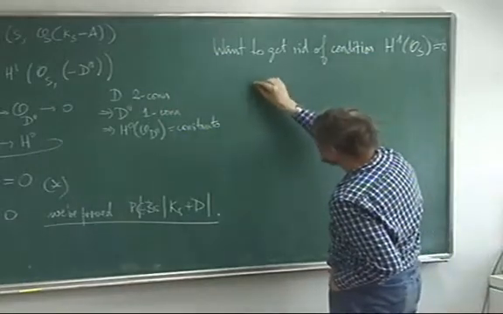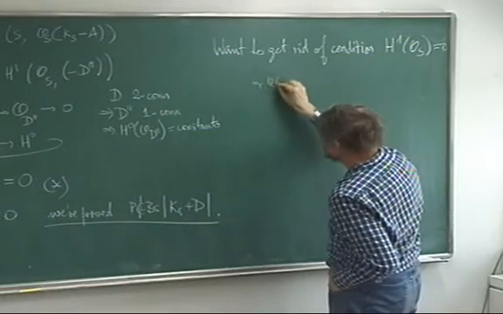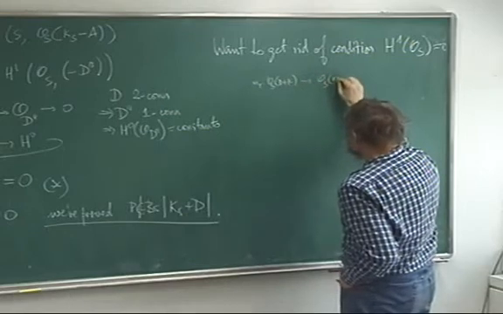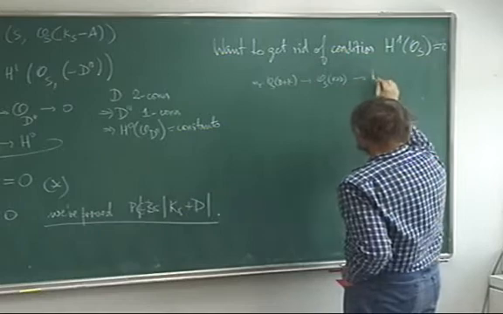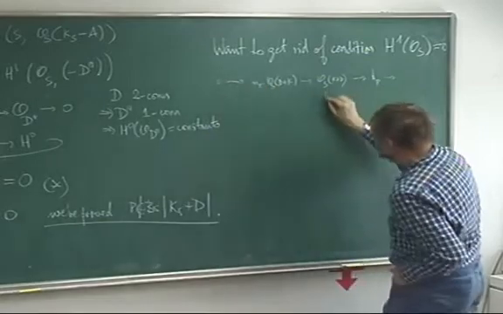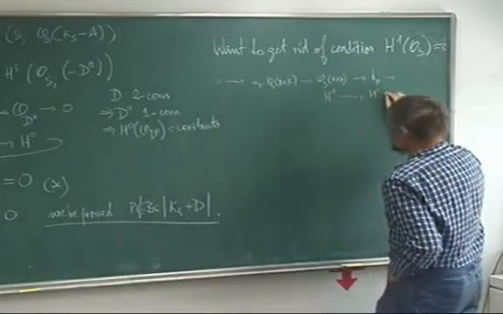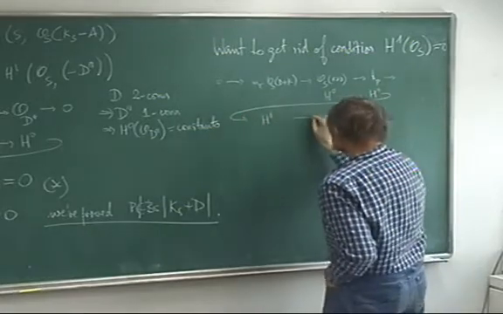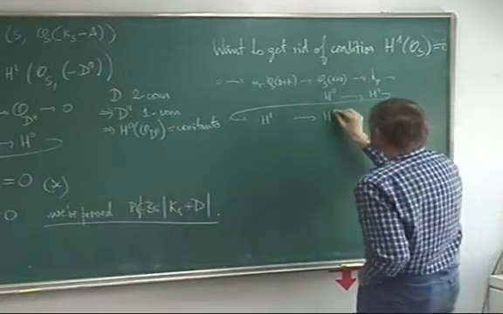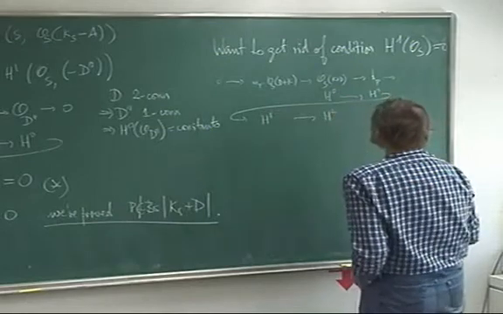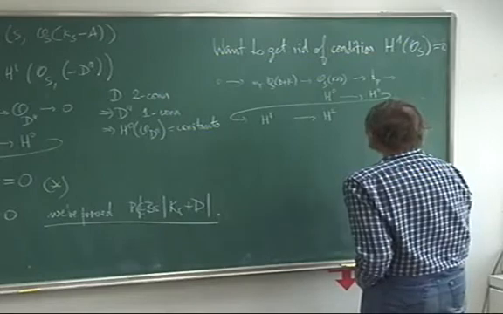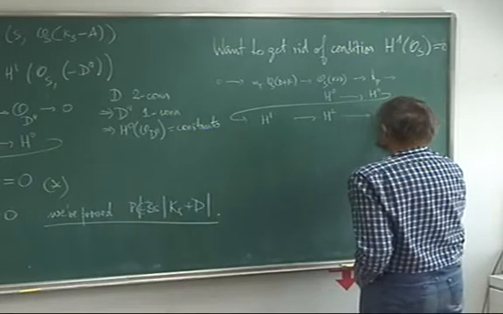I had this at the beginning. I had MP times OS of K plus D goes to OS of K plus D, goes to the KP. So we want to show that this is surjective on H naught. And so I have H naught goes to H naught, goes onto H1, goes onto H naught.